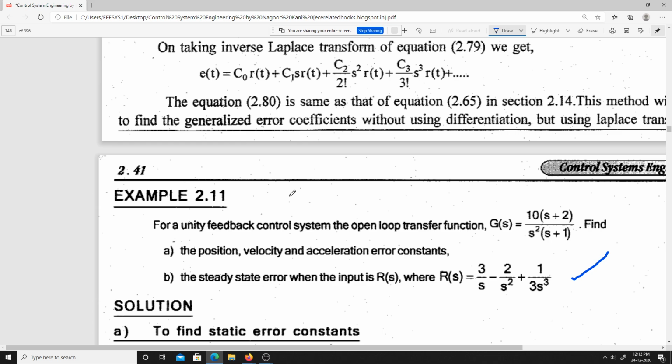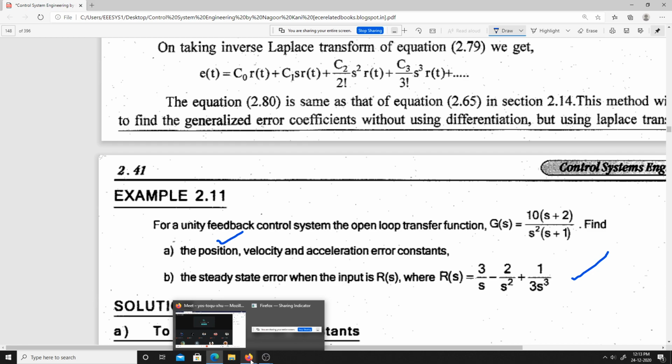Please, any one of you, what is the answer for the positional error constant? Partho, tell me the answer. Are you there, Mr. Partho?